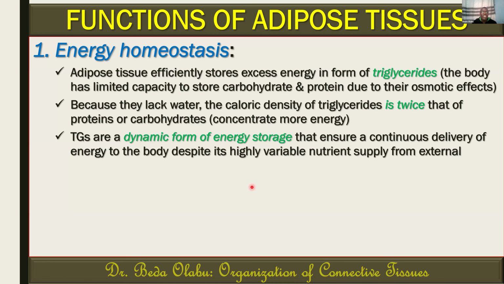Of course, there's mealtime, and there's a time that you can go for long without a meal. So because of this undulating supply of nutrients, the body has a mechanism of storing energy so that it can ensure continuous delivery of energy despite the variation of nutrient supply from the environment.